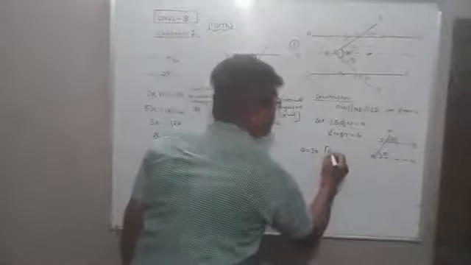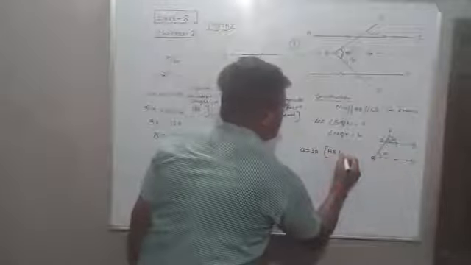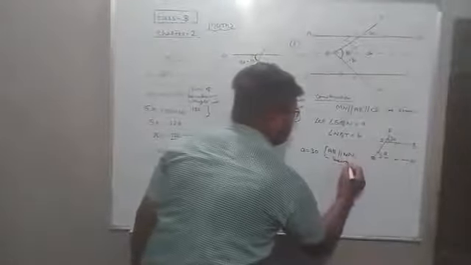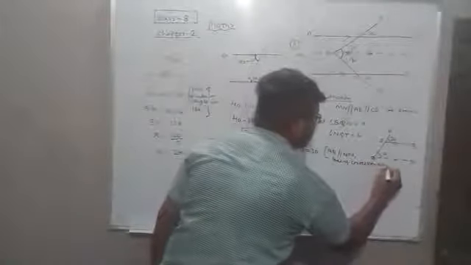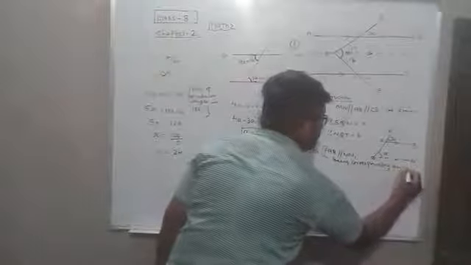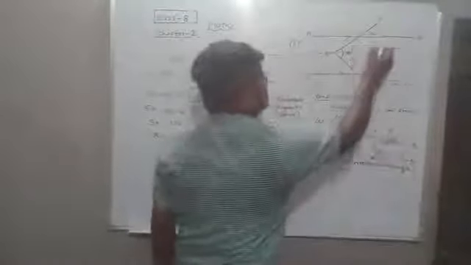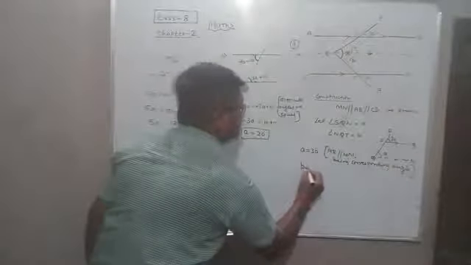Okay, so here AB is parallel to MN, so you can write here, being corresponding angle. So due to this corresponding angle, a is equal to 30 degree. Similarly, what we can write here, b is equal to also 30 degree.